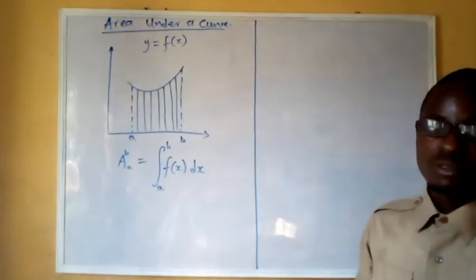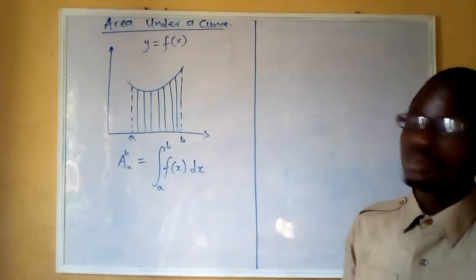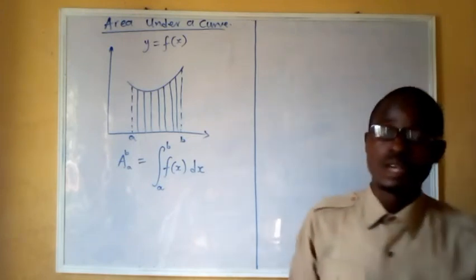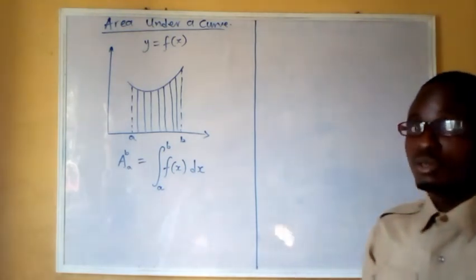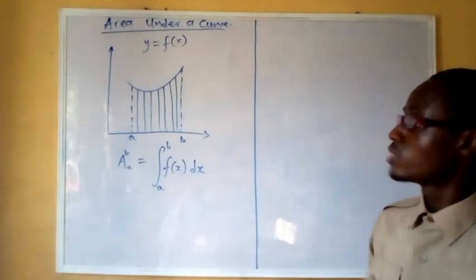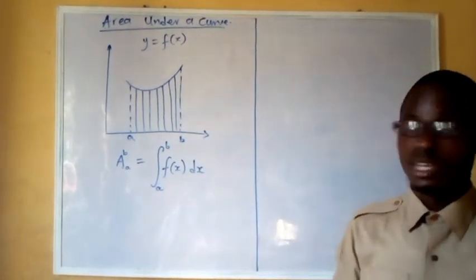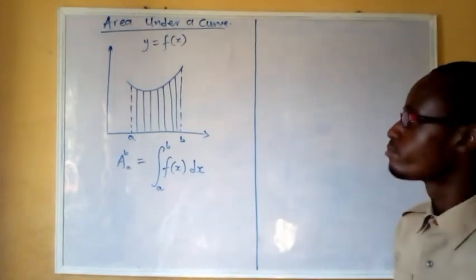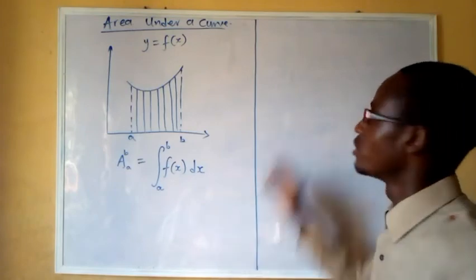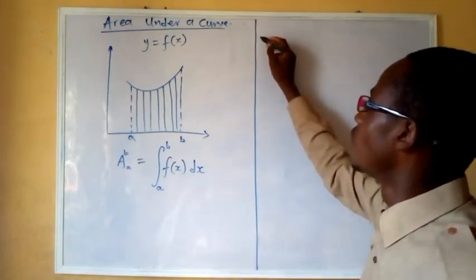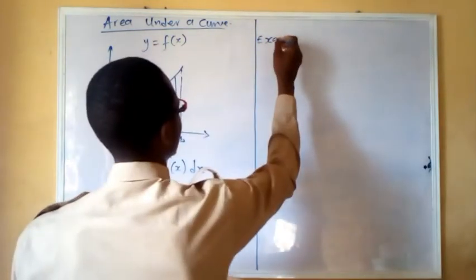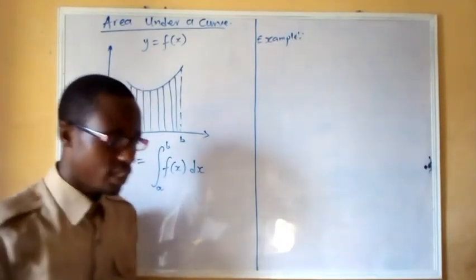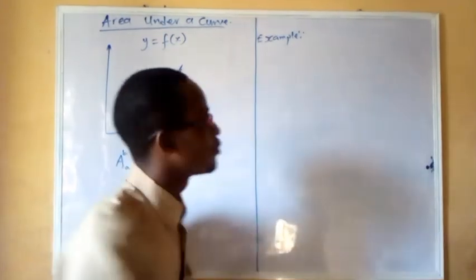I'm going to solve a particular question before we move on, and the question is going to help us in curve sketching, and at the same time we're going to apply this explanation there. So I have a question here that says, find the area bounded by the curve.